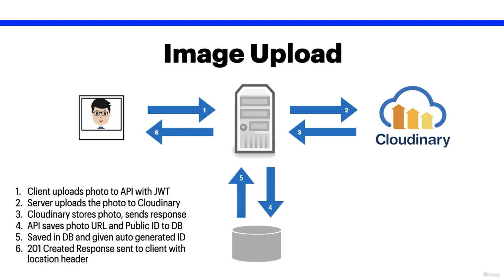And what we return when we create a resource on a server is a 201 Created response. This kind of response has to have the location of the resource that's been created inside the header in the response.